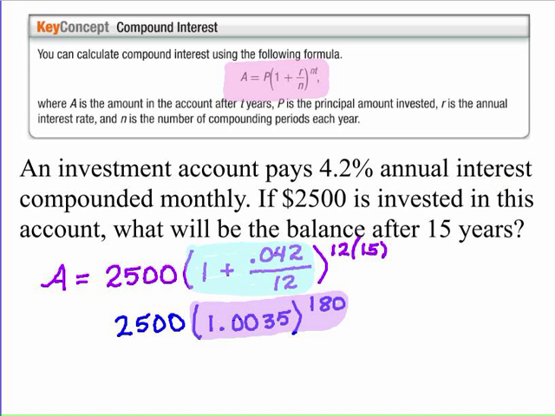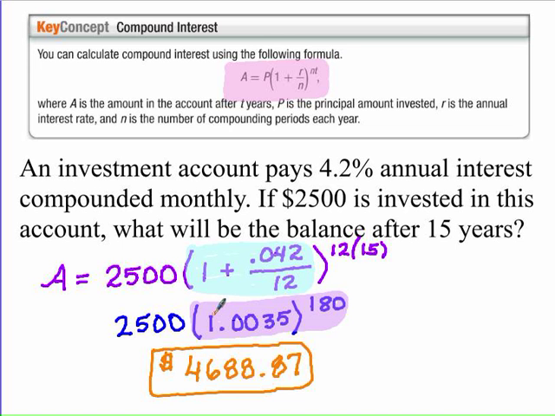So what do I end up getting? 4,688.87. So there you go. Okay. Biggest thing is just making sure that you show the steps, and you do not multiply until the very, very end.